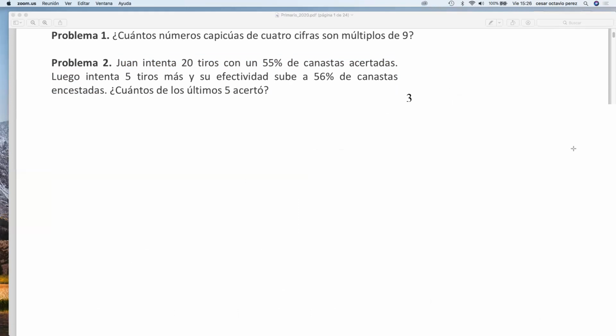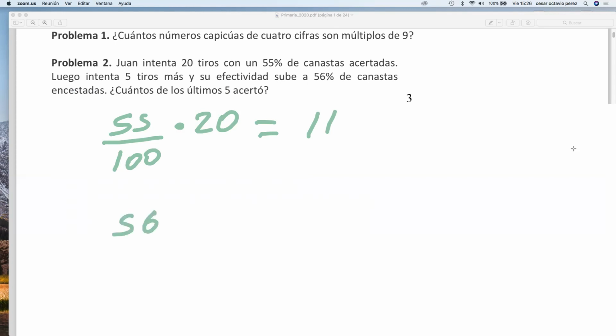He hit 55% of 20 throws. This will be 11. Now he will make 56% of 25.